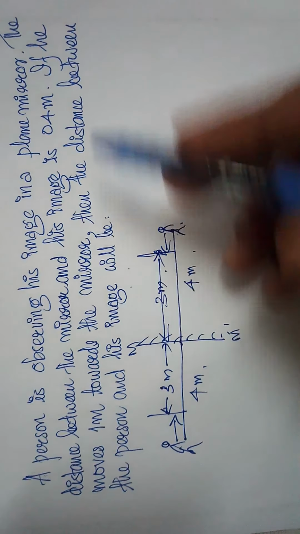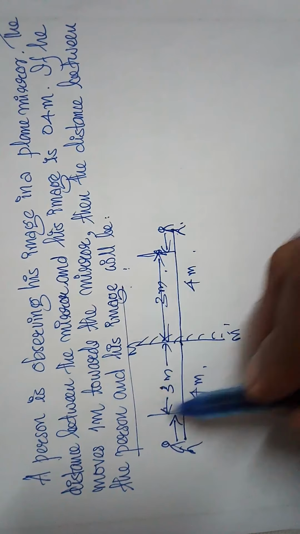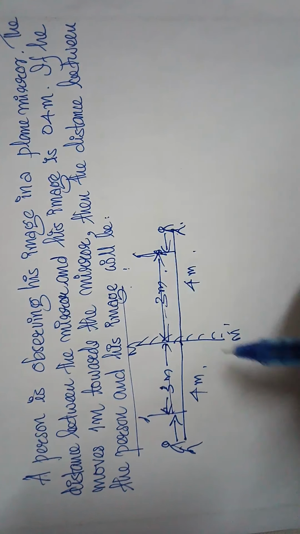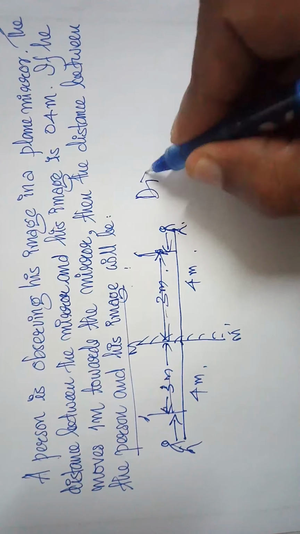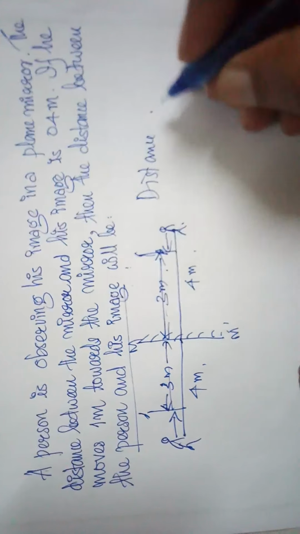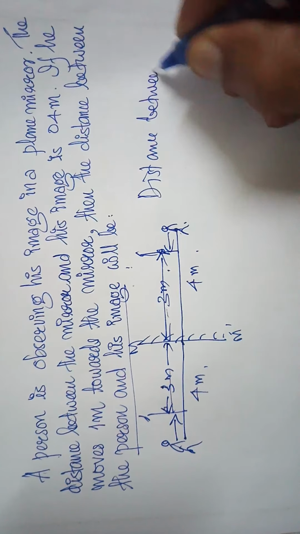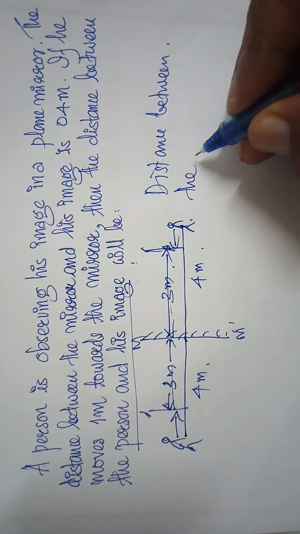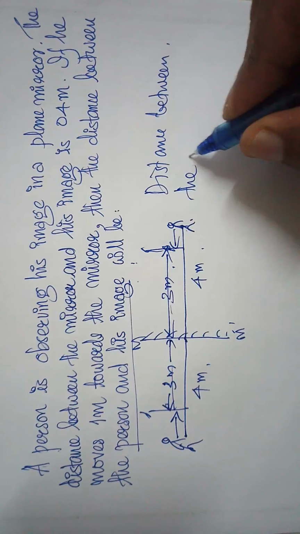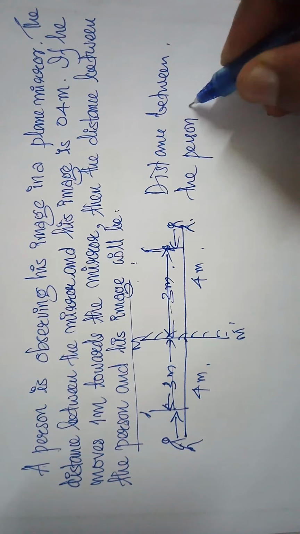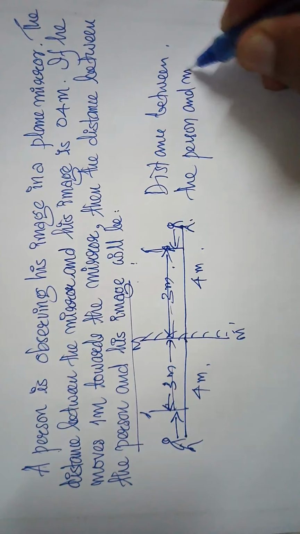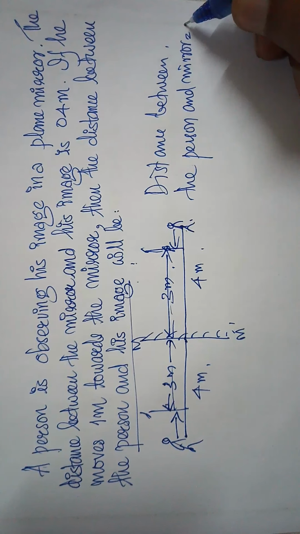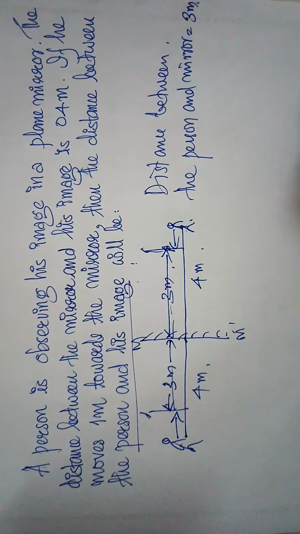So what is the distance between the person and image? This is the person and this is the image. This is 3 meters and this is 3 meters. So we write: distance between the person and mirror is equal to 3 meters.